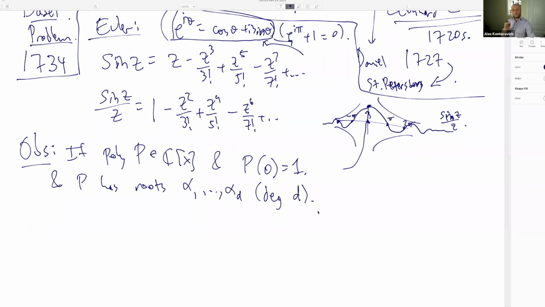None of the roots are 0, and its value at 0 is 1. Then I know the polynomial exactly.